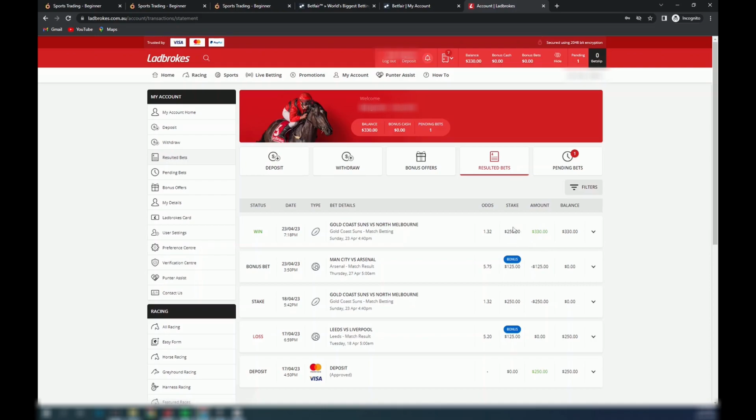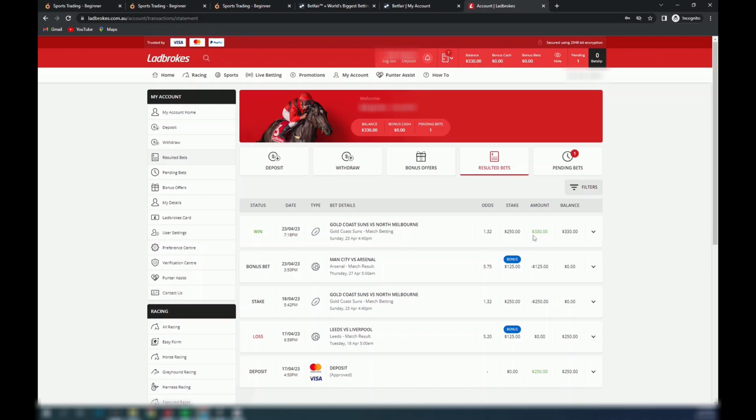So we put in our $250 stake and we received our $250 stake plus our winnings back. So in this case, it's a $250 stake plus $80 in winnings to get our $330. And that's calculated by 250 times 1.32.